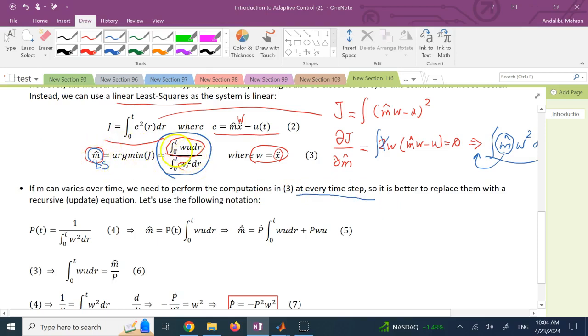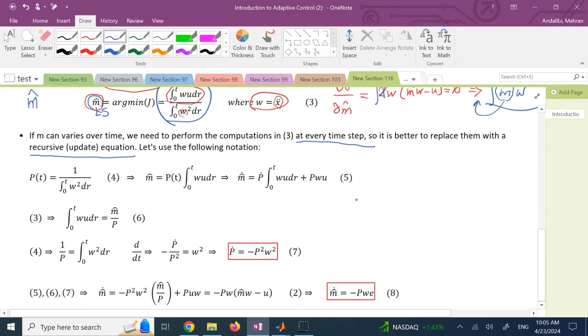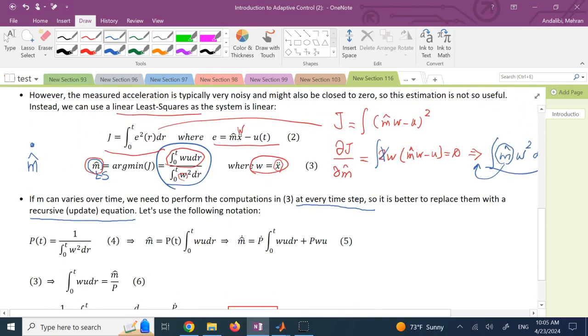So instead of doing it this way, using this integral thing, it's better to do it using a differential equation or a recursive equation, where you can gradually change this m hat. So instead of having one formula for m hat, you better have some formula for m hat dot. So you can update what? M hat, or you can change the rate of change of m hat. How do you do that?